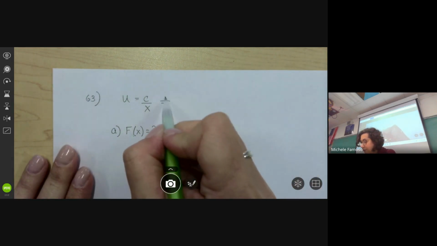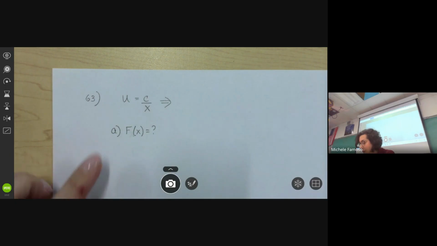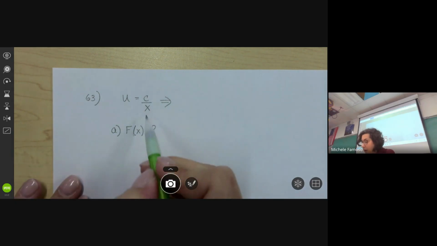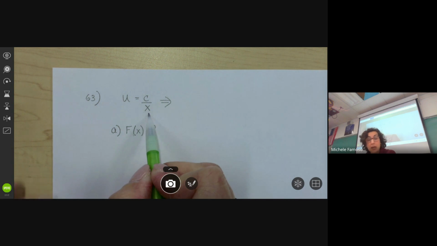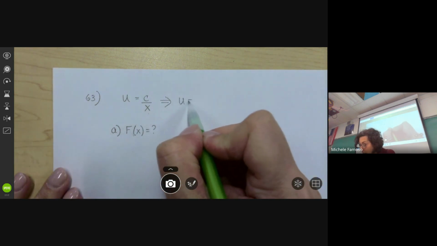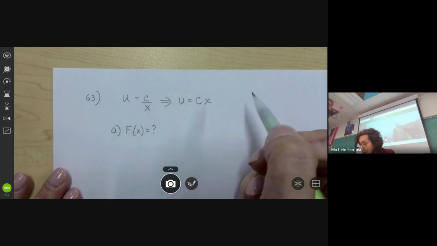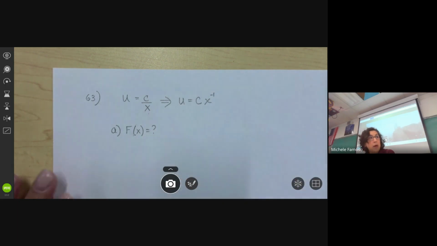Okay, I have to rewrite this in order to come up with my answer. Whenever you divide by something, it's the same as multiplying by that variable to the negative power. And that's -1, right? Because that's x to the first power.